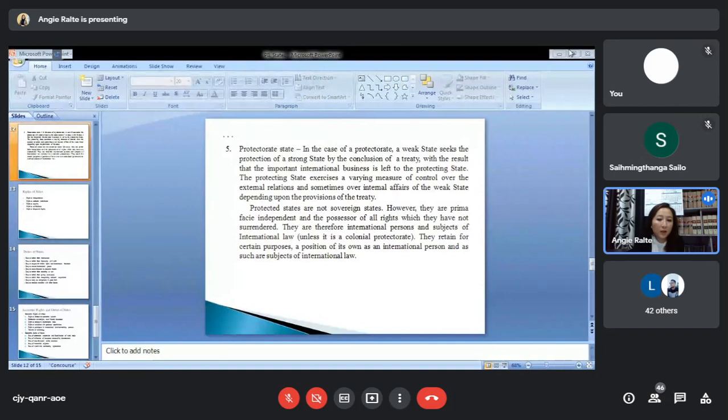A protected state retains for certain purposes a position of its own, as a sovereign state would, with a separate existence.